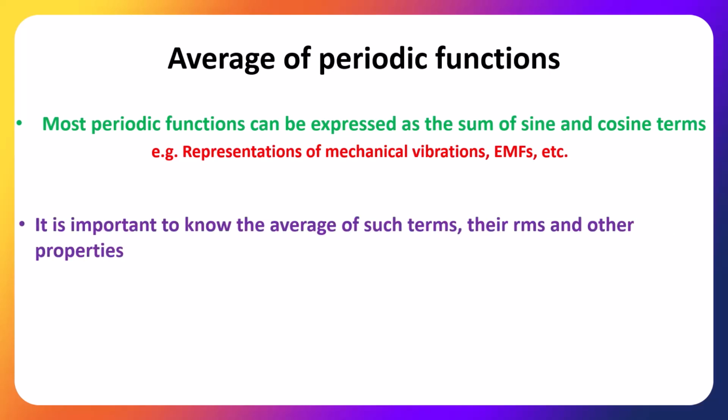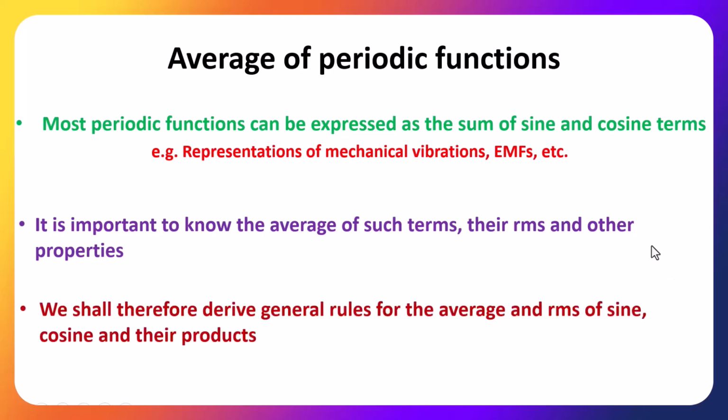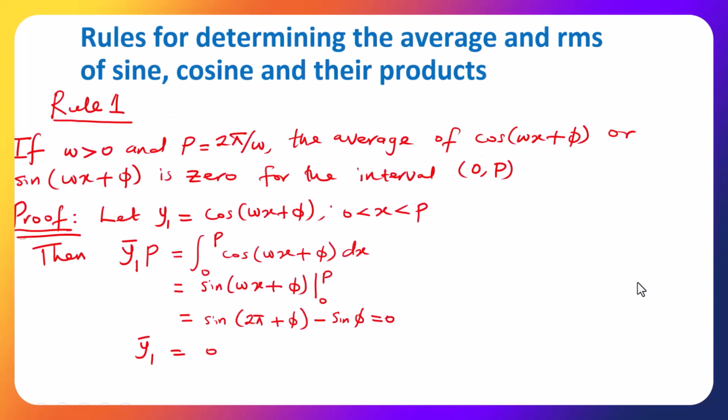So we need to know the average of such terms, their RMS, and other properties. We therefore shall derive general rules for the average and RMS of sine and cosine and their products over their corresponding periods and multiples of such period interval.